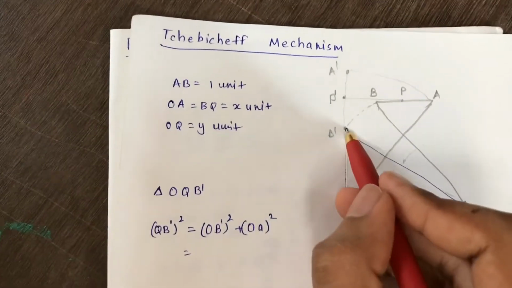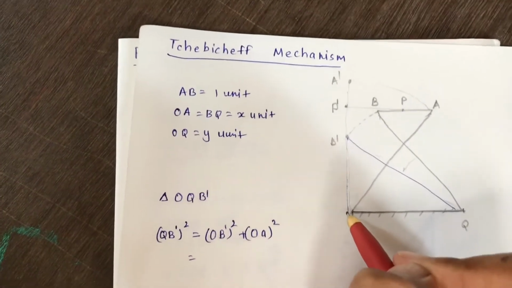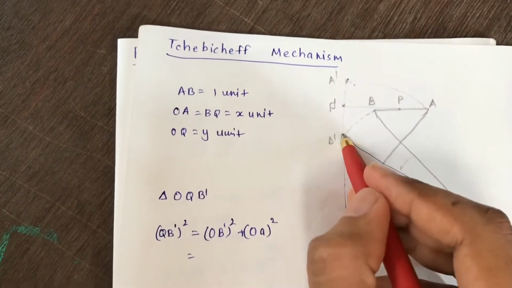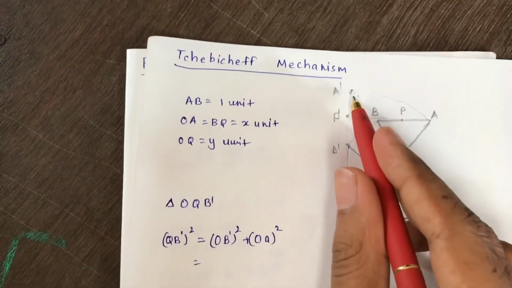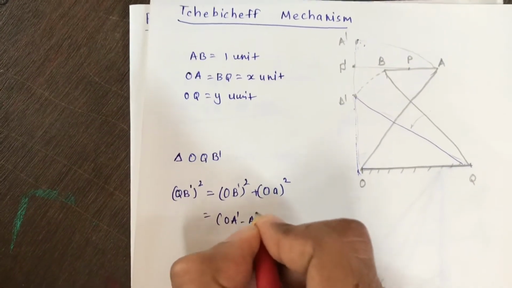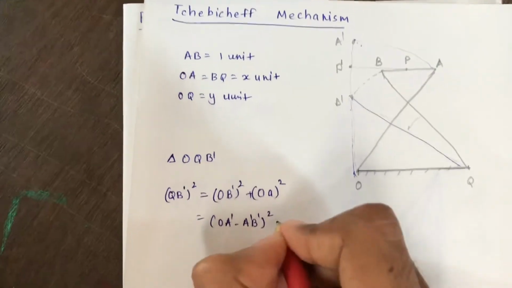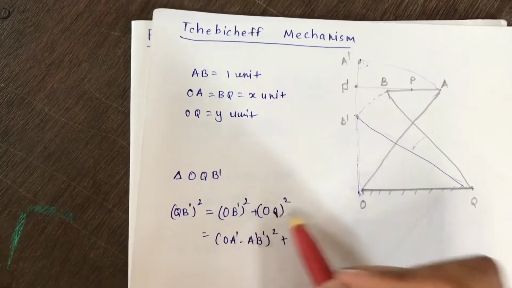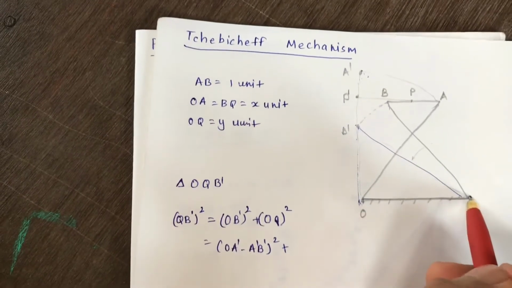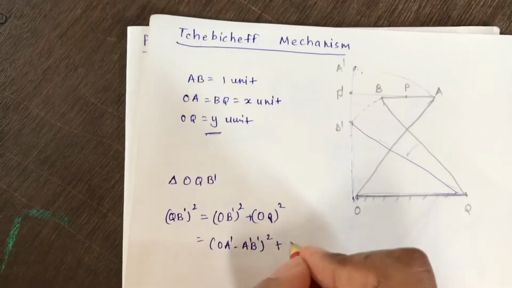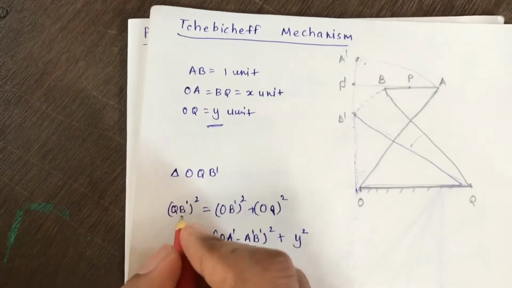We don't know OB dash, but we can know that it is OA dash minus A dash B dash, so OA dash minus A dash B dash whole square plus, what do you mean by OQ? Here is OQ. We assume that OQ equal to Y, so it is Y square.